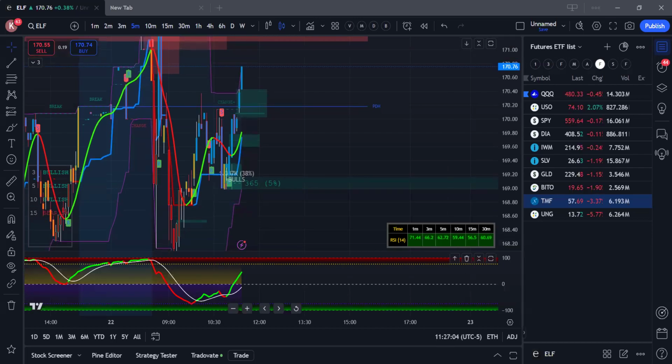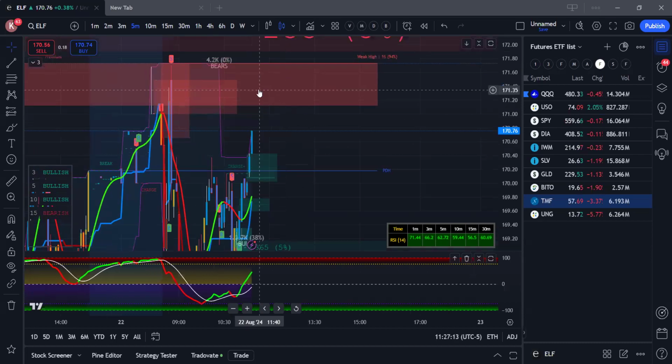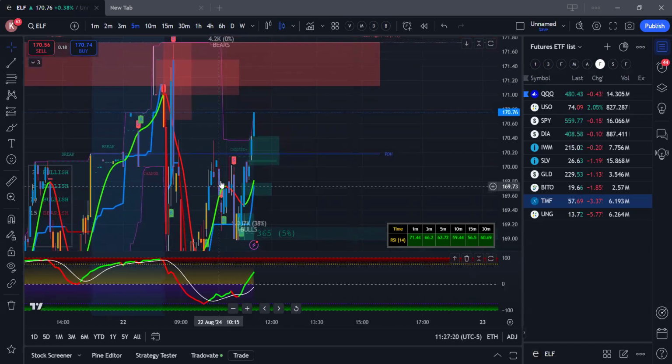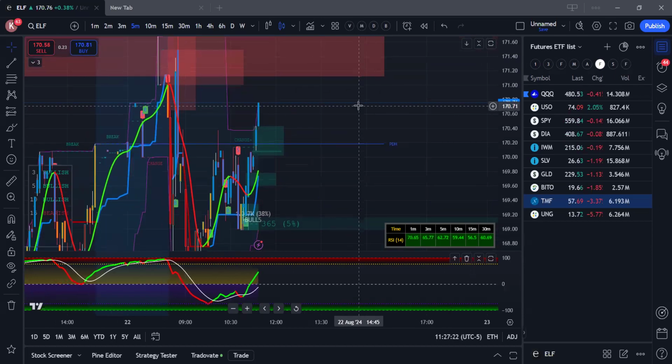ELF calls, you can take profits on ELF calls, right? Because again it is going close to the sell zone. You book it at nearly $300-400 with 20 contracts. Even if you bought 10 contracts, that is $200.